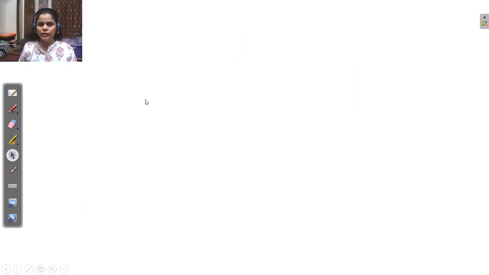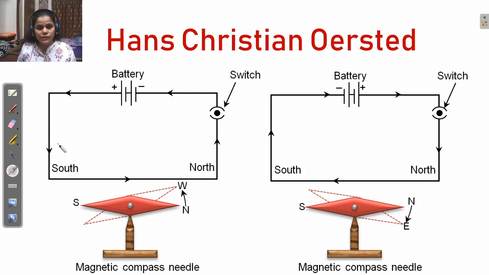This is the experiment when current flows in the conducting wire. This is your conducting wire. When the scientist puts the key on and current flows through the wire, the position of the needle in the compass deflects. When the key is off and no current flows in the wire, the needle in the compass stays regular, pointing north-south.